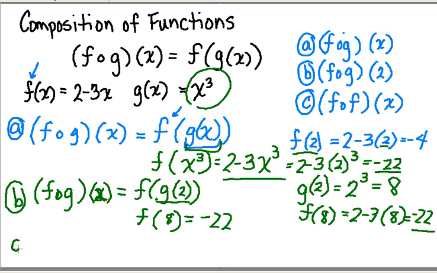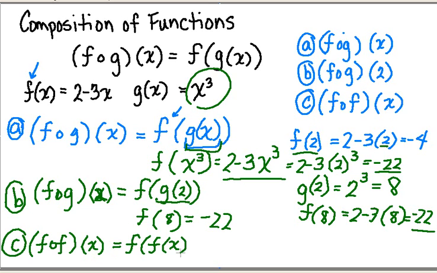The final example is I just wanted to show that you can compose a function with itself. So if I had f of f of x, which is part C, I would write that out. Just like I did before, in place of this inner f of x, I can write what f of x is.